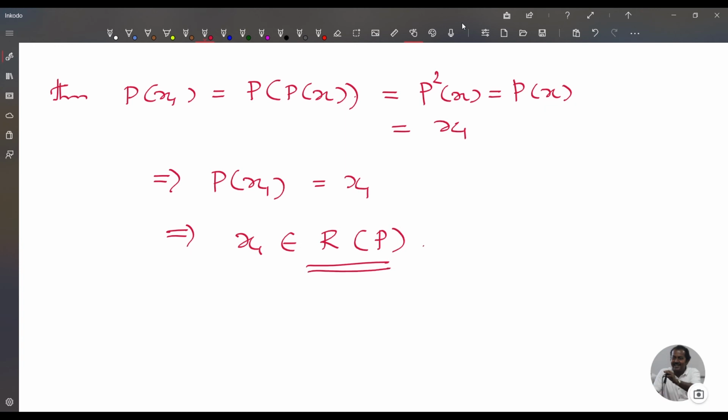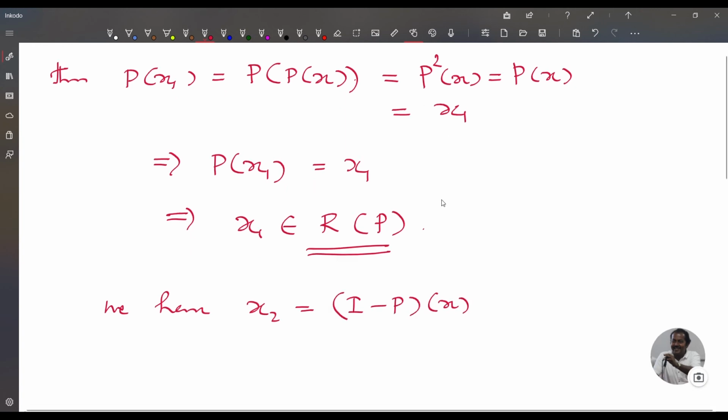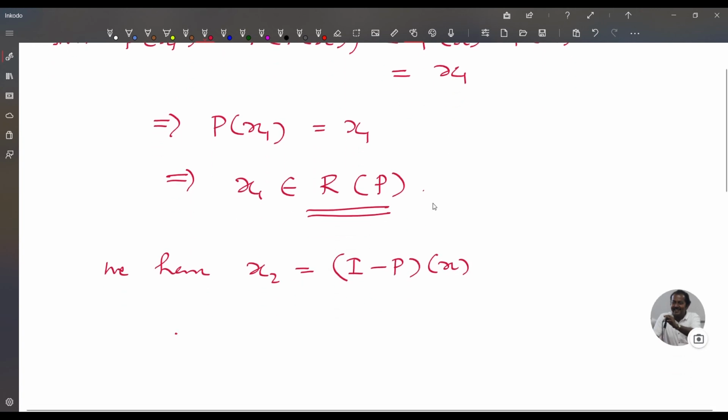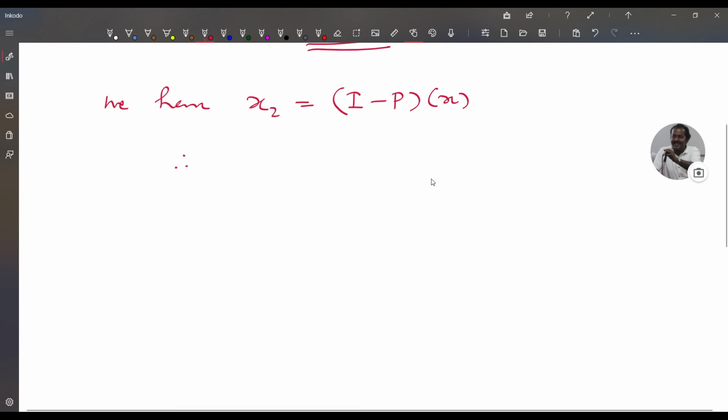Now consider x2. We have x2 is equal to I minus P of x. Therefore, P of x2 equal to P of I minus P of x.